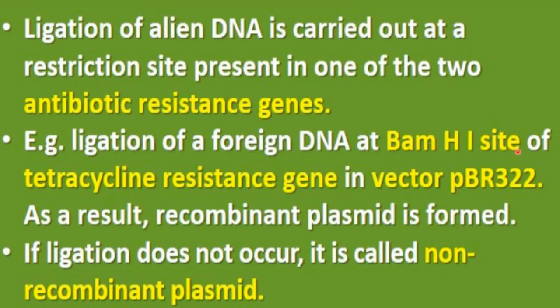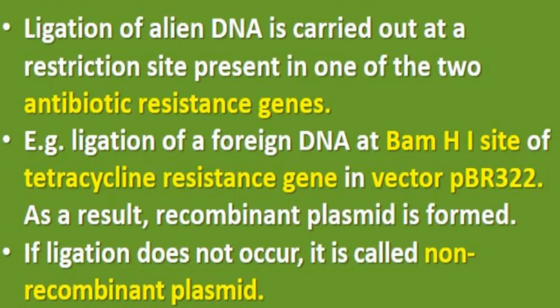So at the BamHI site of the tetracycline resistance gene in vector pBR322. pBR322 is a vector, and in that vector there is a gene which provides resistance against tetracycline, and BamHI has a recognition site in that tetracycline resistance gene in vector pBR322, right?